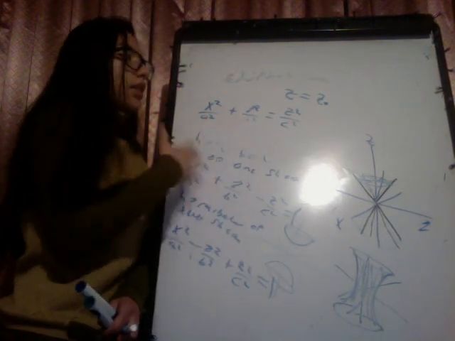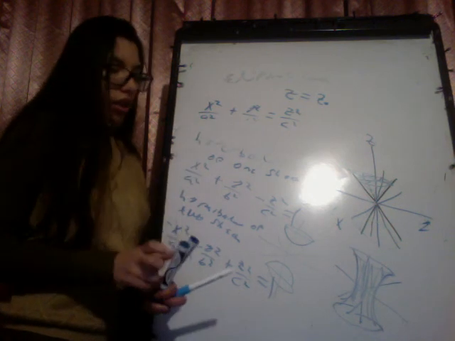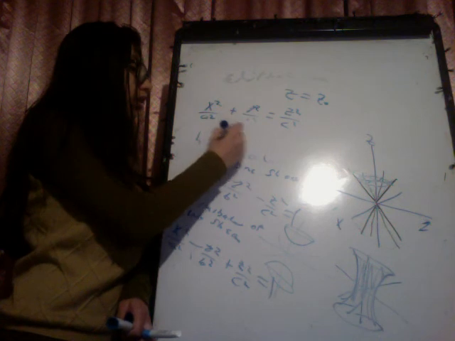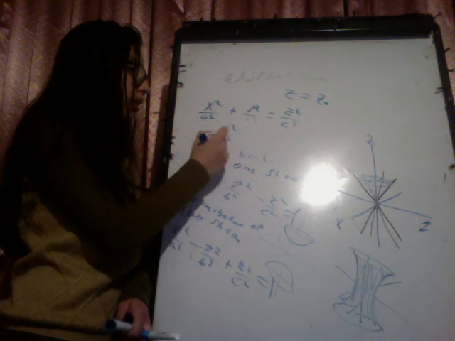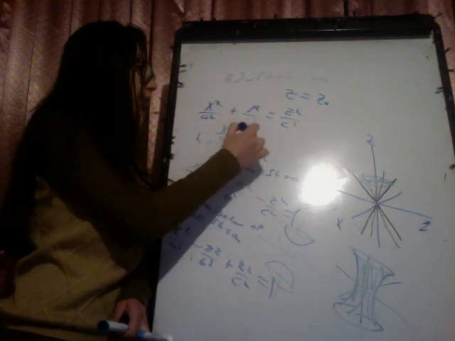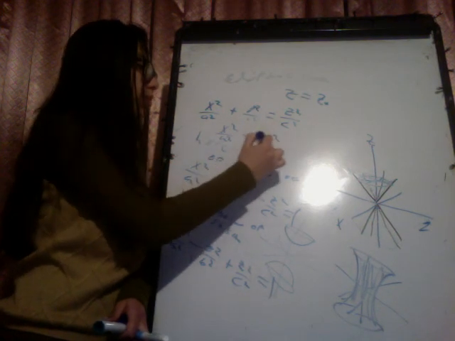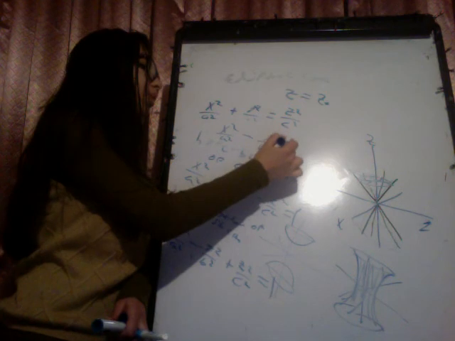This is the same way as the hyperbola in the xy plane, that is x squared divided by a squared minus y squared divided by b squared equals 1.